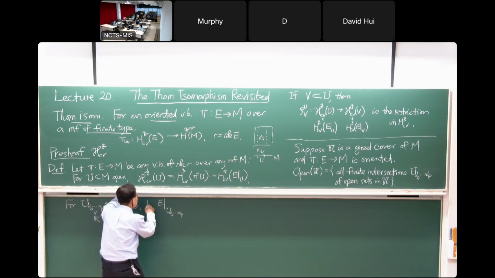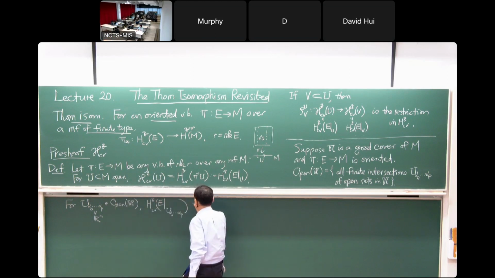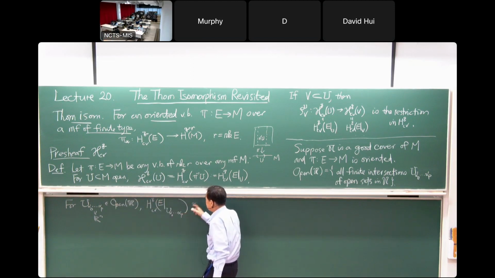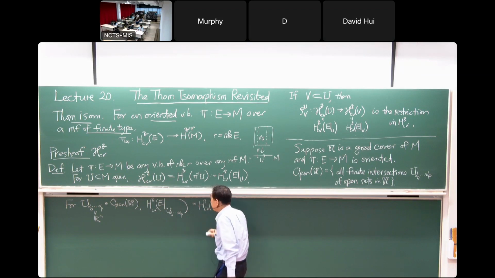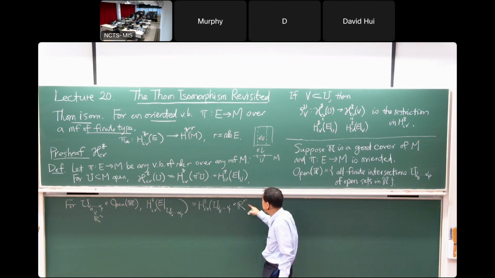So the cohomology with compact vertical support of this vector bundle over the contractible open set is the same as the cohomology with compact vertical support of the product bundle U_{alpha_0...alpha_p} times R^r, okay? R is the rank of the vector bundle.